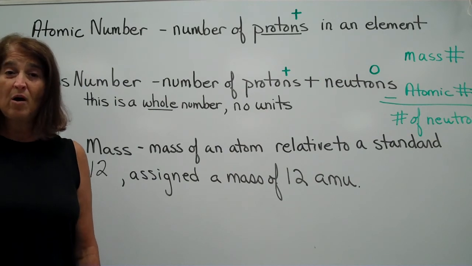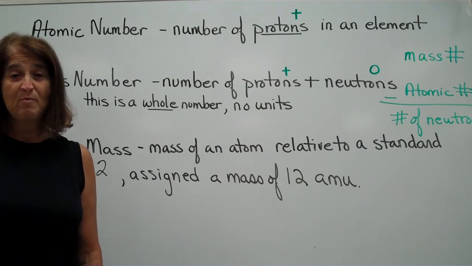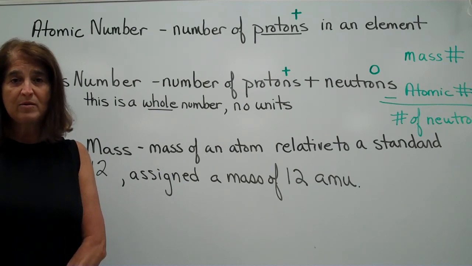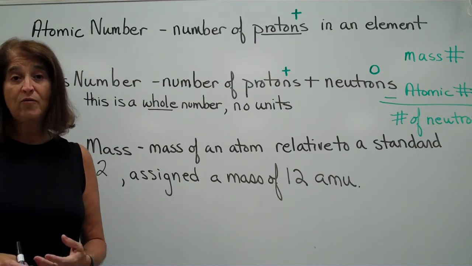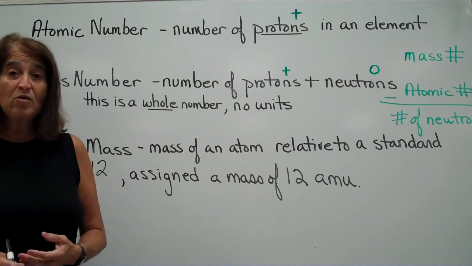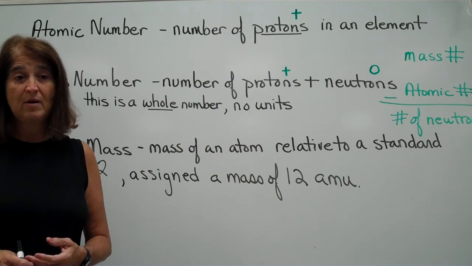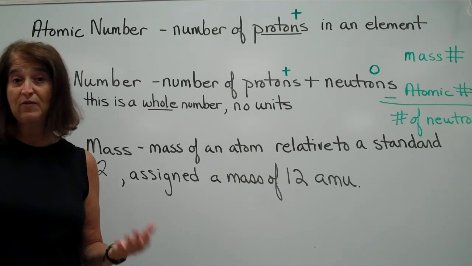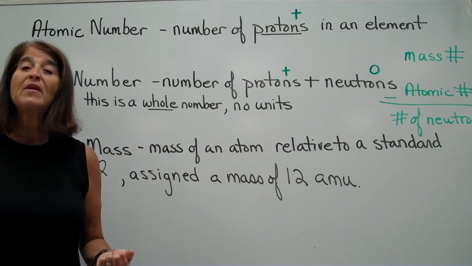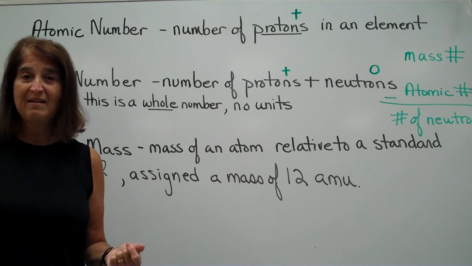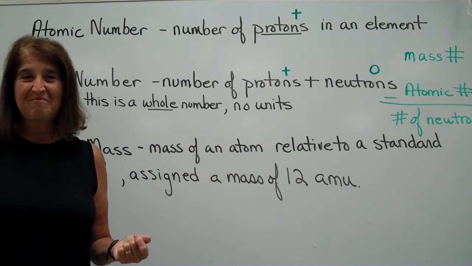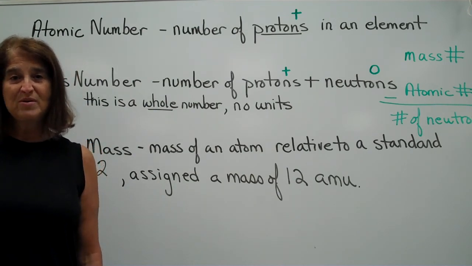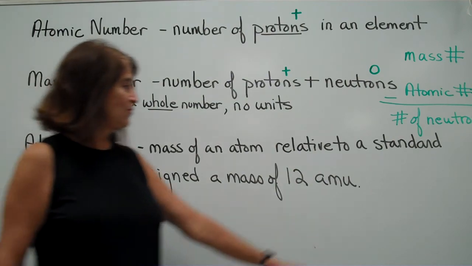What number would appear on the periodic table for the mass of carbon? Well, the periodic table takes into account all forms of carbon and their relative abundance. So if all we had was carbon-12 and carbon-14 and they were there in 50-50 percentiles, the number on the periodic table would be 13.